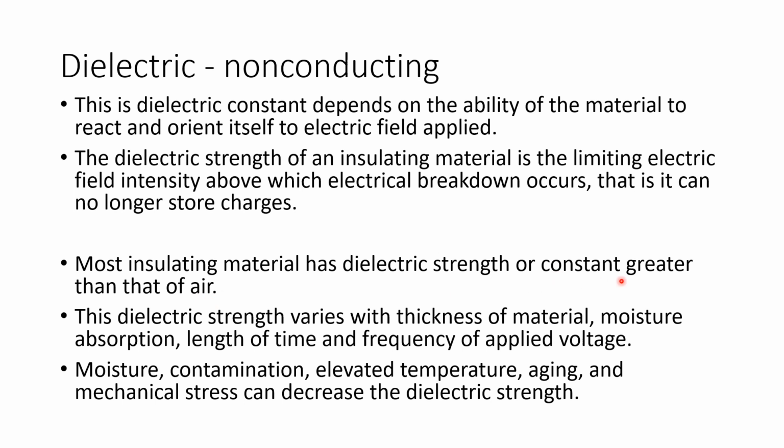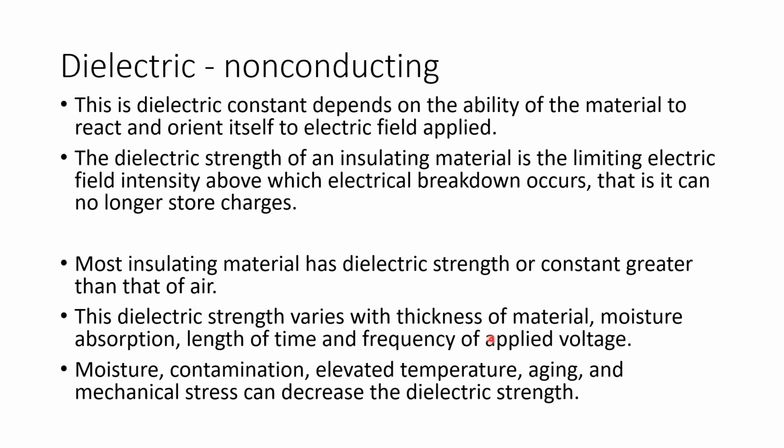You will see it's always greater than that of air, because we usually think of air, even though it is a material, as a material less. So it's always greater because you have a solid material. Therefore, the dielectric constant is going to be greater than the dielectric constant of air.